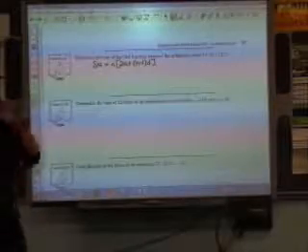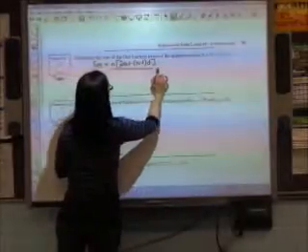So if I start using this formula, n times 2a plus n minus 1 times d.